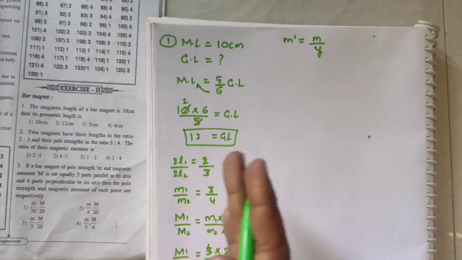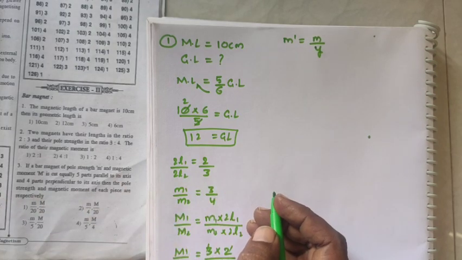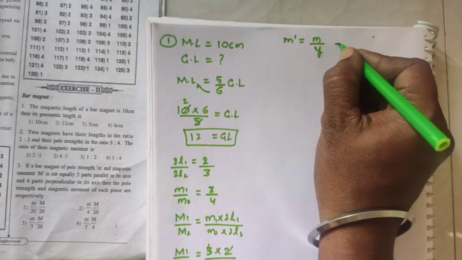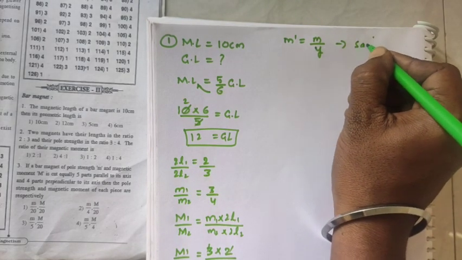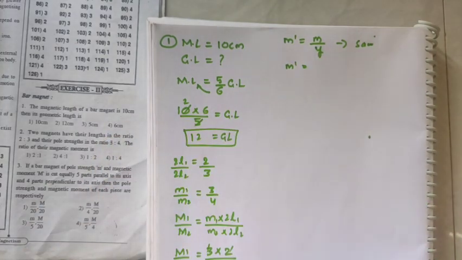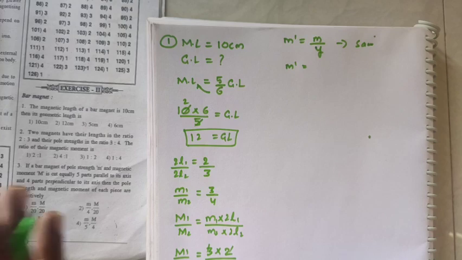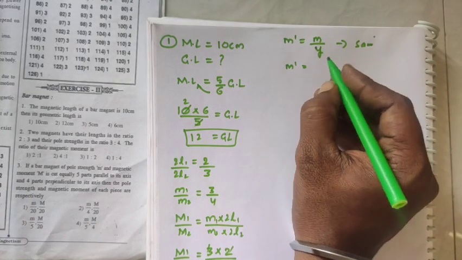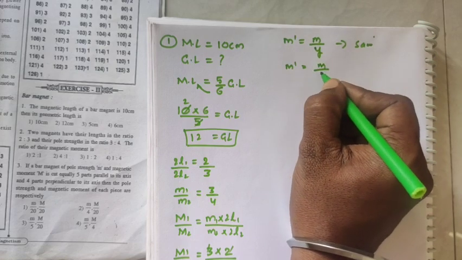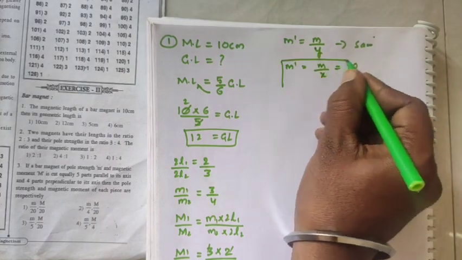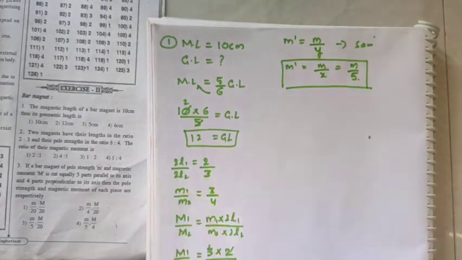If you cut that magnet in a perpendicular direction, pole strength will remain the same, because the area of cross section will be the same. So in that second case, m divided by 5 is the answer for the pole strength.